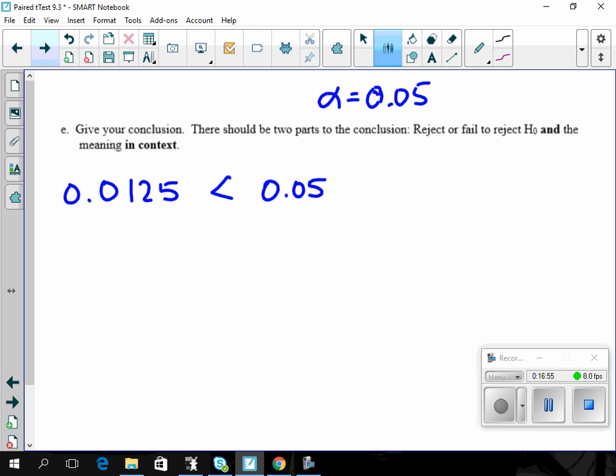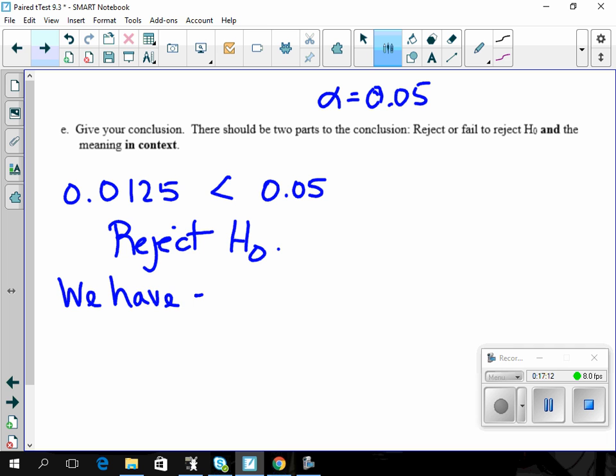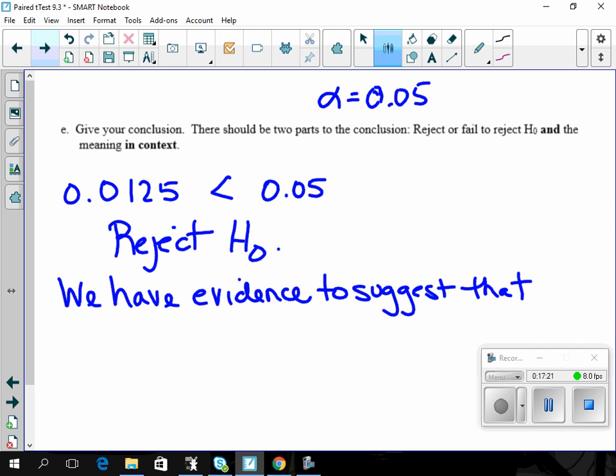What am I going to do here? Reject that sucker. See ya, radio station that plays too many darn commercials. You're a liar, right? So we have evidence to suggest that, we didn't prove anything, but we have evidence to suggest that what?